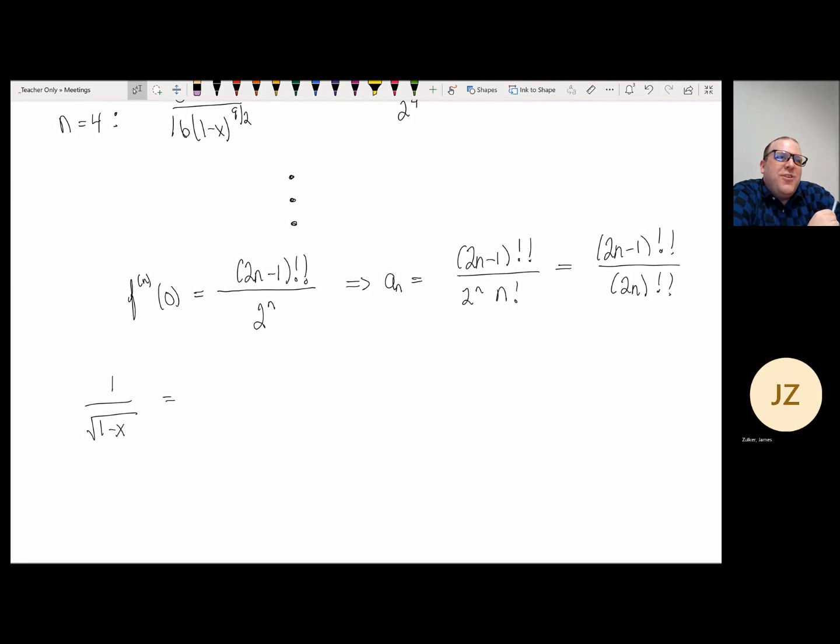Factorial only works on integers greater than or equal to 0. So we can't start with n equals 0.